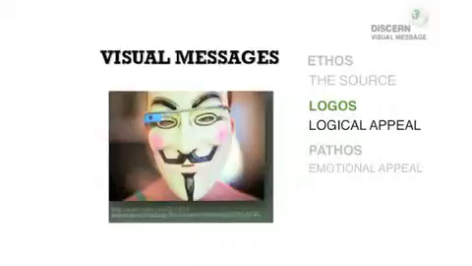It's also a female wearing a male mask. So they are disguising their identity, perhaps. The Google glasses on a Guy Fawkes mask takes a lot of processing to come up with how that is appealing to your logic and reasoning.